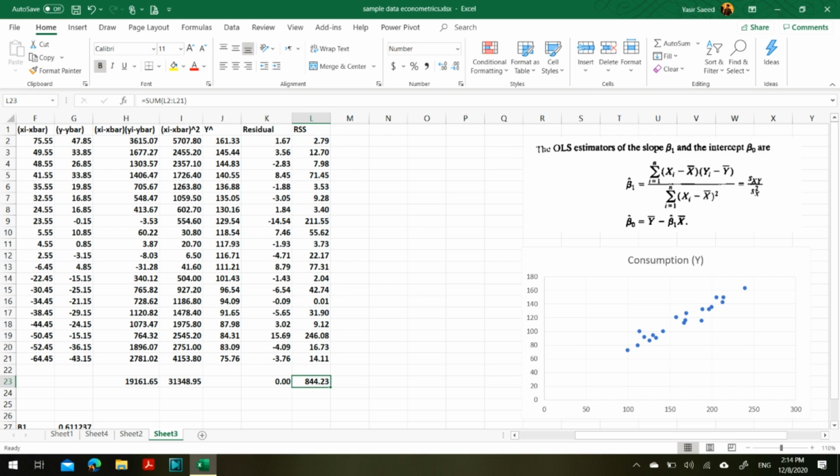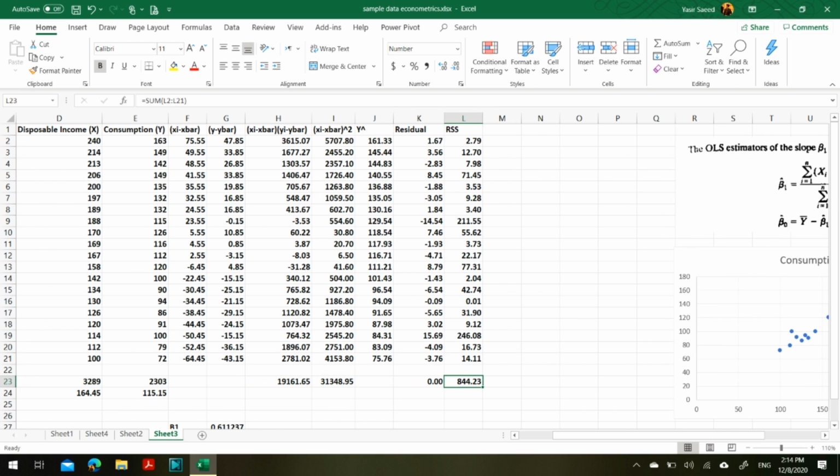So the residual sum of square is 844, and then I also need the total sum of square, and we define total sum of square as the difference between the actual value of y and the average value of y, that is y minus y bar, and its summation is basically the total variation.